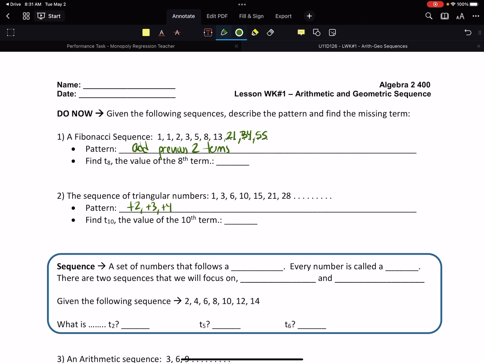If we went to our 10th term here, 2, 3, 4, 5, 6, 7, +8 would put us at 36, +9 would put us at 45, +10 puts us at 55. So these are not our normal sequences. These are special scenarios. Our normal ones are going to increase by the same thing, whether it's addition or multiplication.